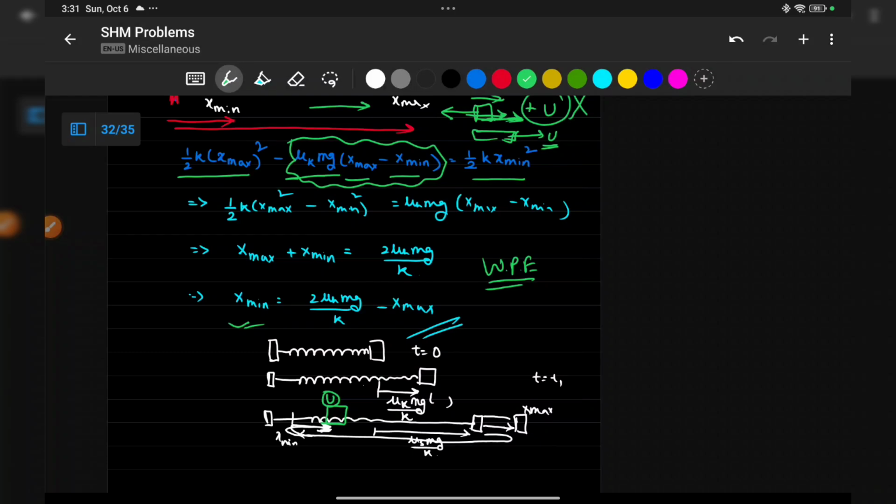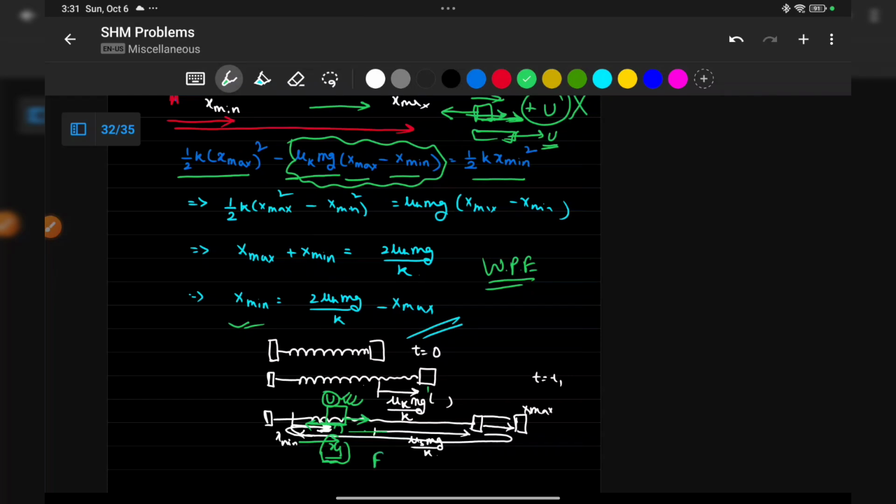But then can you see that the friction becomes static again? Yes, at this point, x1 suppose, the friction becomes static again. How can you say that the friction becomes static again? Because there is a spring force, and you can say that in this motion the friction force will be less than mu s mg.